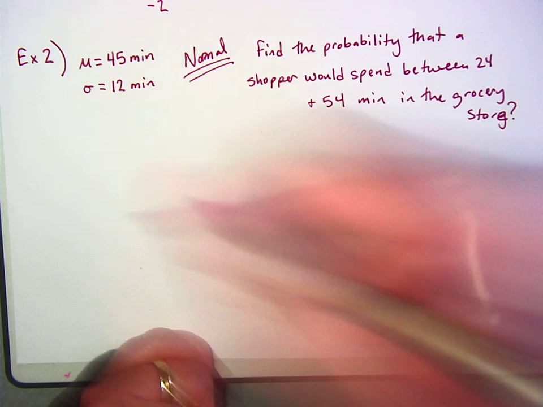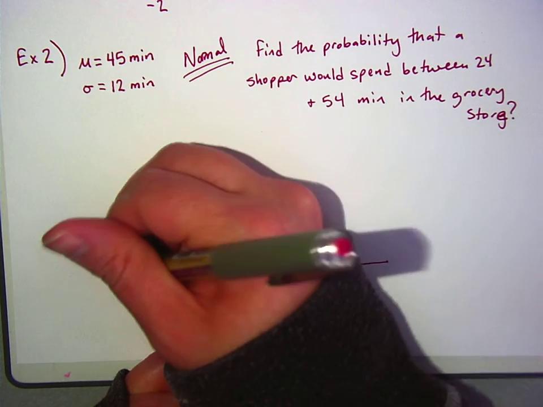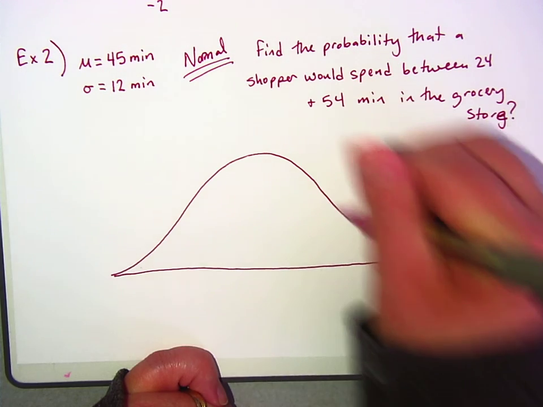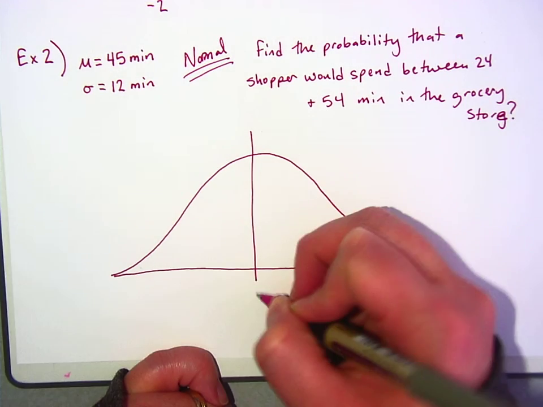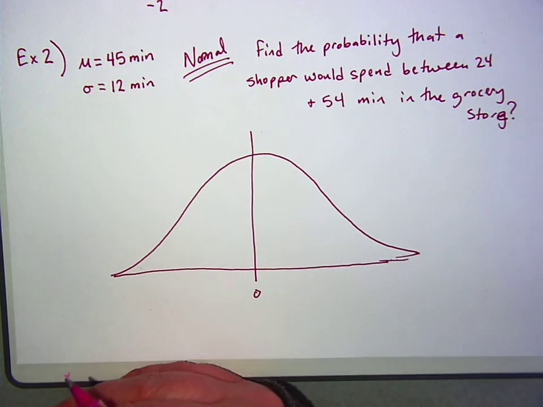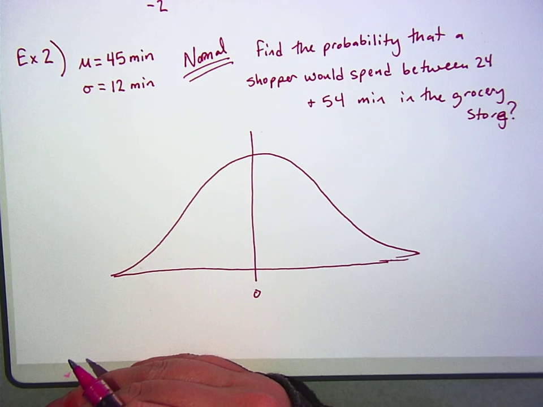Okay, I'm going to draw a picture. All right, so explain to me what you think we should do for our plan. Triton. Shouldn't we mark where 24 and 54 minutes would be?